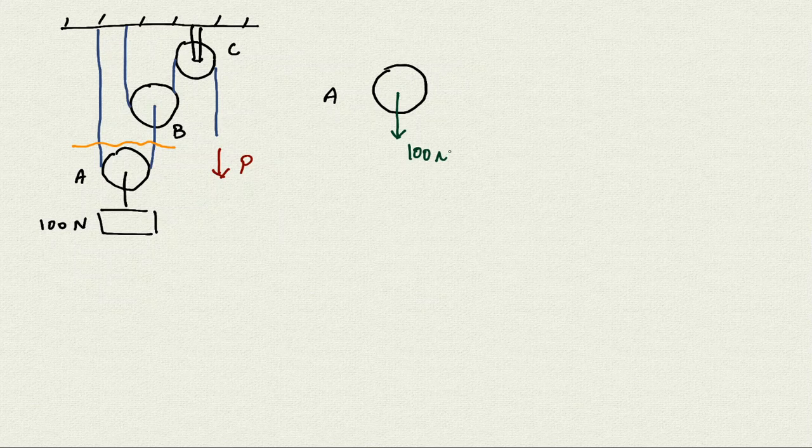Then I have my rope that is cut at that point, and there is a tension in there, T and T. Remember, it's the same rope. Because it's the same rope, the tension is going to be equal. Whatever the tension is here, it's always going to be along the rope itself.